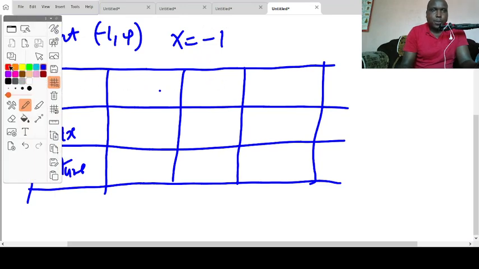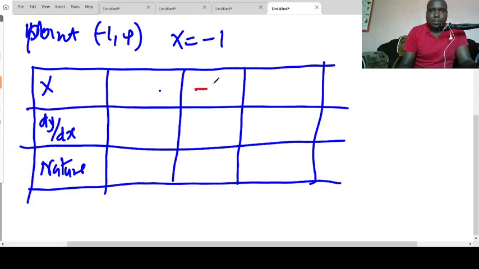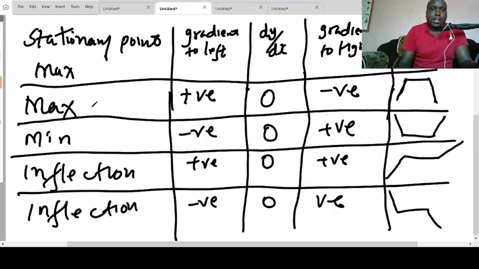So we take our -1, the value of x, and put it in the middle, and we make a left and a right. In the middle, we had the gradient. You are going to see that the gradient, dy over dx, is always going to be 0.